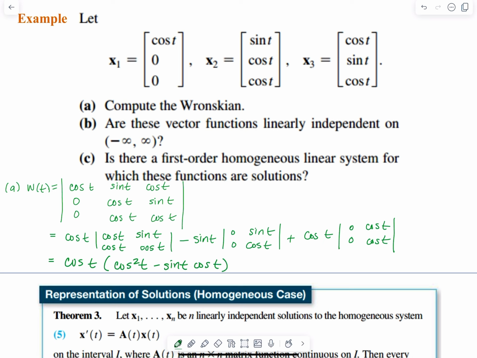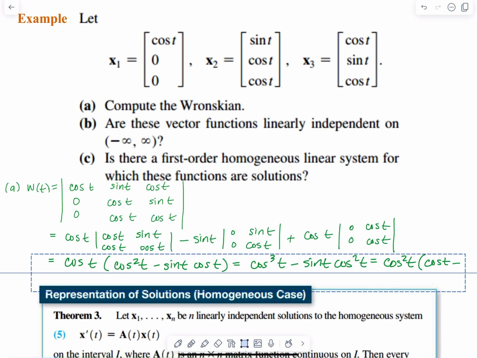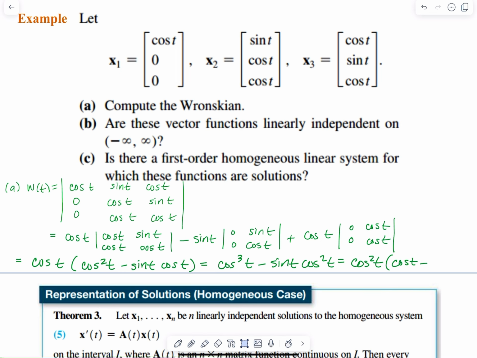Of course, then we end up with cosine cubed of t minus sine t cosine squared of t. And I just factored out a cosine squared, and I ended up with cosine of t minus sine of t.